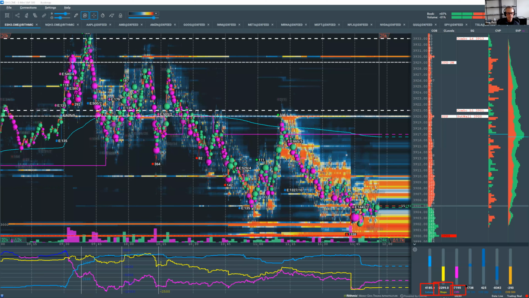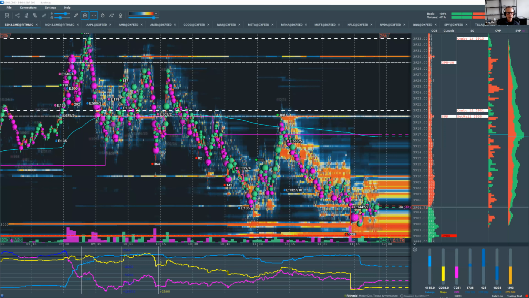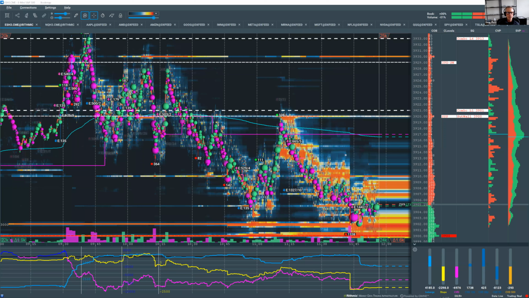And then cumulative volume delta is negative. Beyond that, I would have to look at Hero and see what options traders are doing. They often, in the S&P 500, tend to fade these moves. So I would expect that, if not right now, at some point, traders would start selling puts, especially with higher volatility, and potentially buying calls as well.